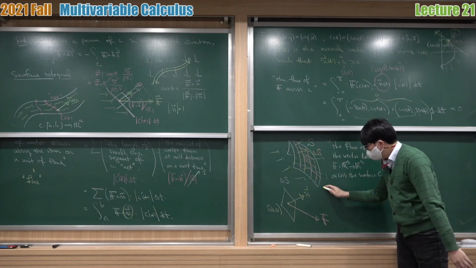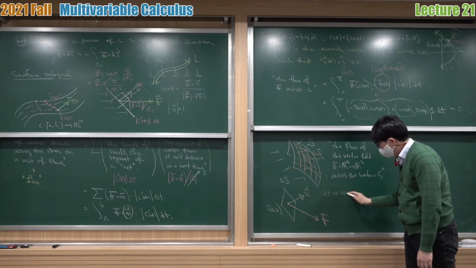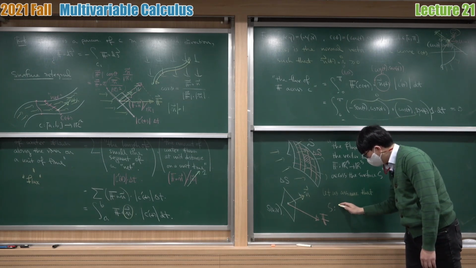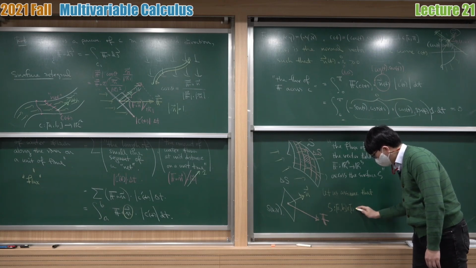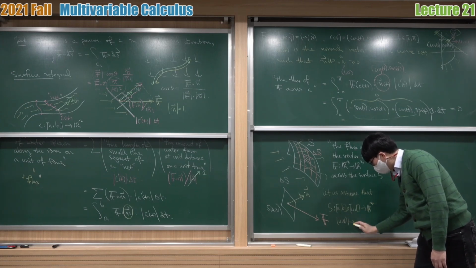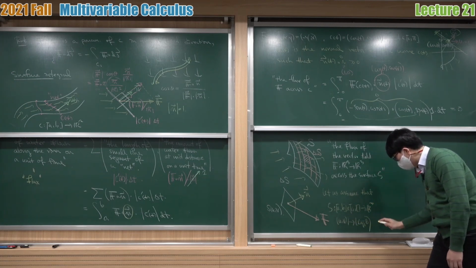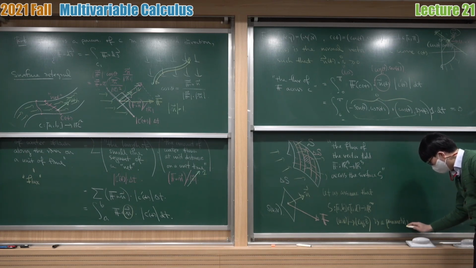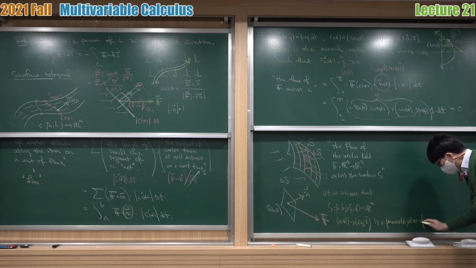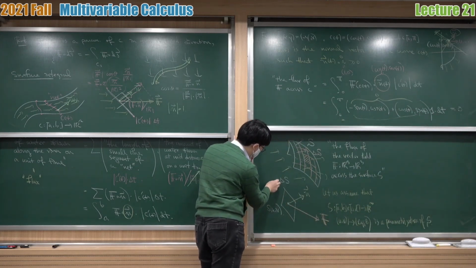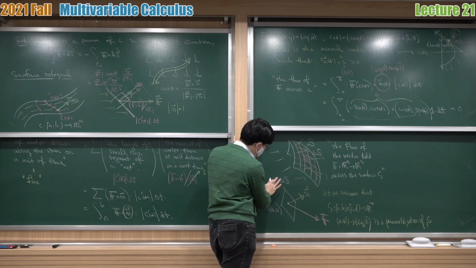So let's assume that S from A, B, C, D to R3, where it sends (u, v) to (x, y, z), is a parameterization of S. Okay, so what I'm trying to get is my delta S.